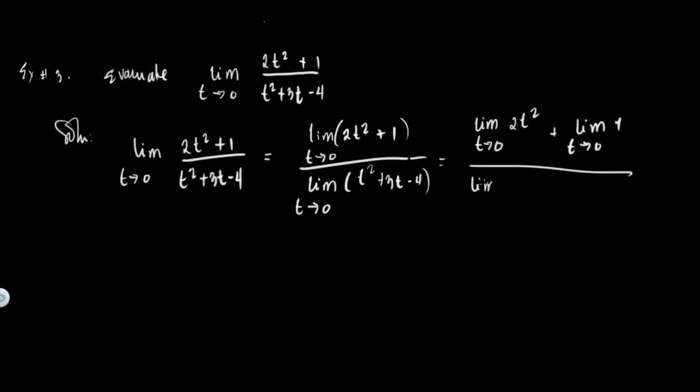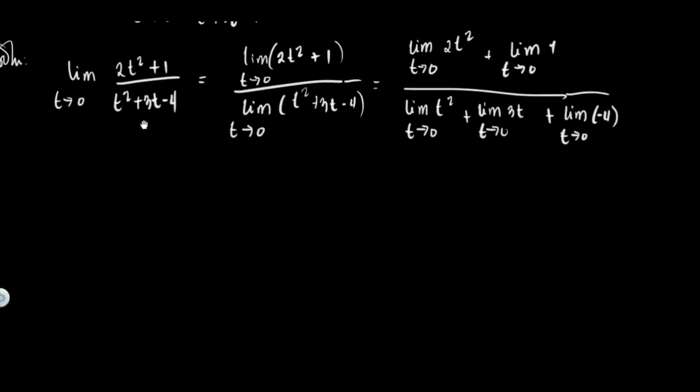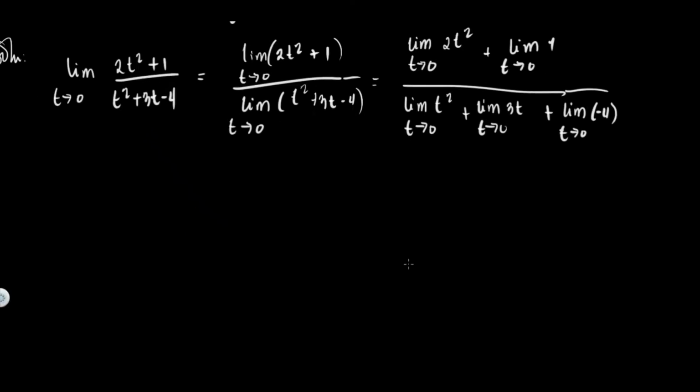So, the limit of t squared as t approaches 0 plus the limit of 3t as t approaches 0 and plus the limit of negative 4 as t approaches 0. Okay? Medyo matrabaho lang, no? Pero okay lang yan sa una para maintindihan natin mabuti yung mga theorems.